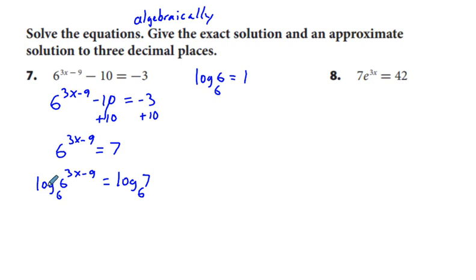So log base 6 and 6 cancel each other. What we have left is 3x minus 9 is equal to log base 6 of 7. And then we can add 9 to both sides of this equation.